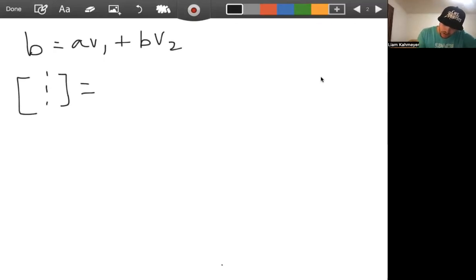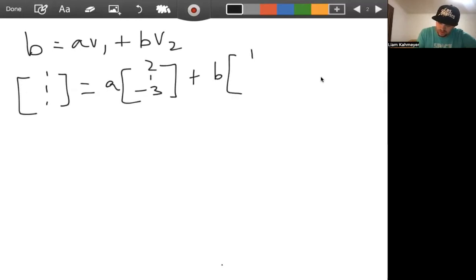So we want to set up b equals a v1 plus b v2. This is 1, 1, 1 is equal to a times v1, which was 2, 1, negative 3, plus b times v2, which was 1, 1, negative 1. We can simplify the arithmetic on the right-hand side: we'll scale both vectors and then add them together.